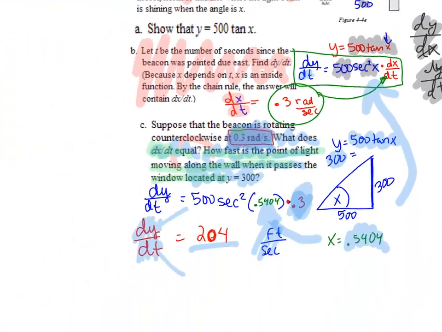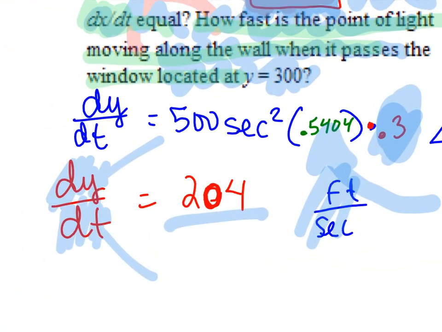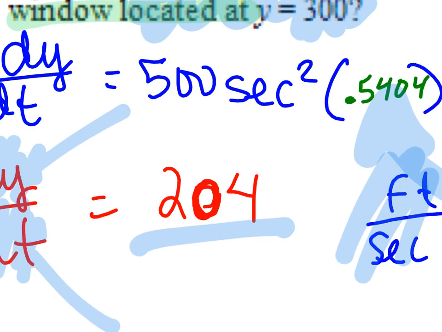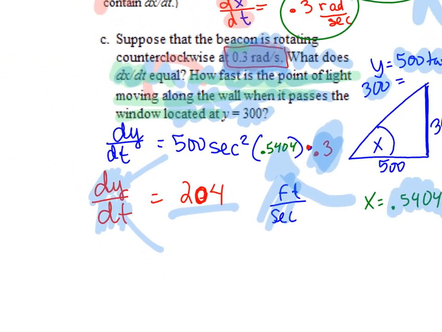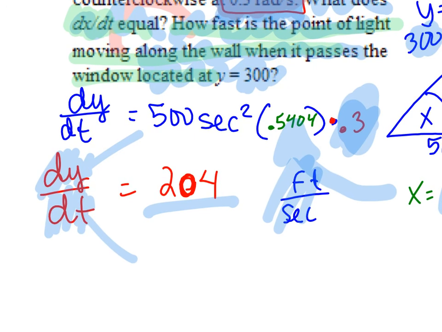You could have left it at 500 secant squared of 0.5404 and then said it's feet per radian. You didn't tell me per second. You didn't say anything about units. But I guess we just did it in case they wanted that. So 204 feet per second, and 204 divided by 0.3 feet per radian.